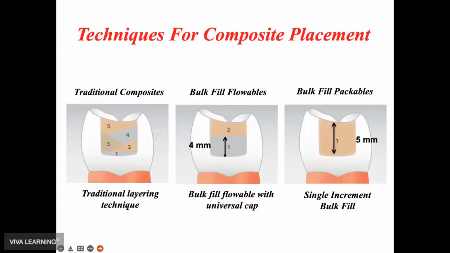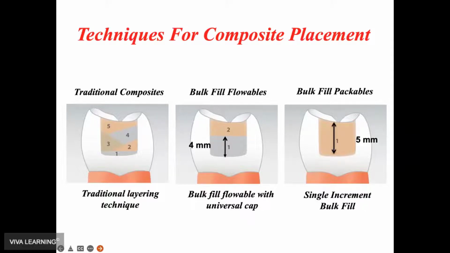But John and I have been around for all of these things, and we'll talk a little bit about placement now with the traditional composites with the triangular, the different walls and C factor and all this stuff, versus bulk fill materials we came out with to fill the majority of the cavity, or quote unquote become a dentin replacement.